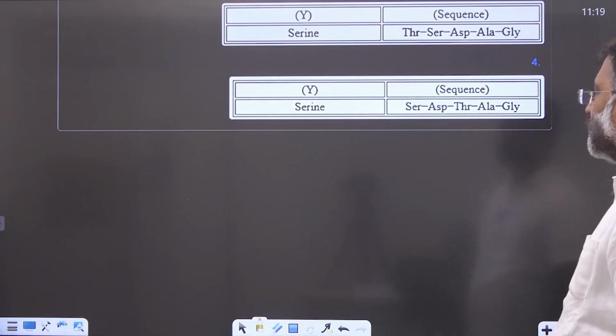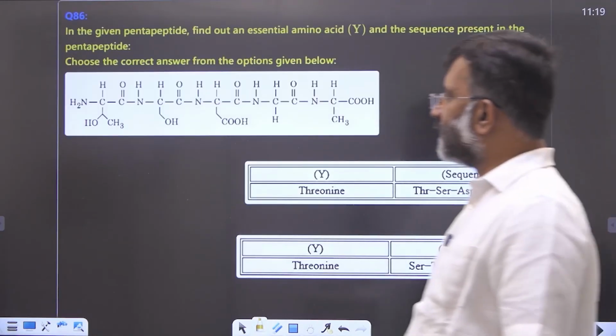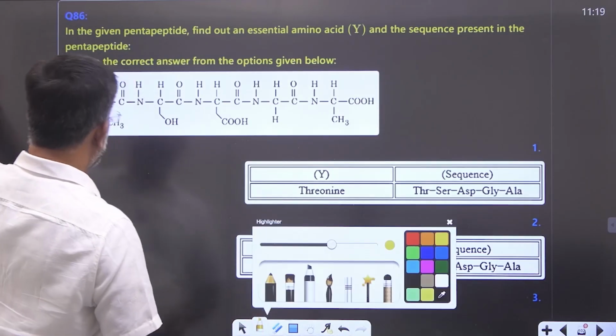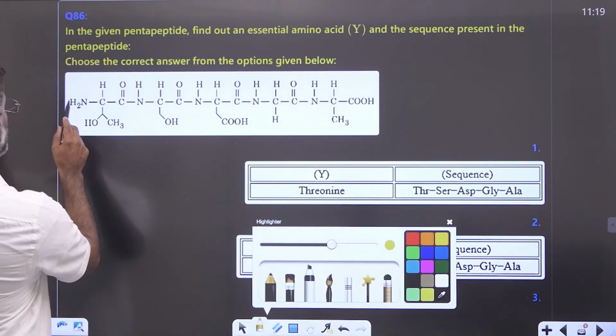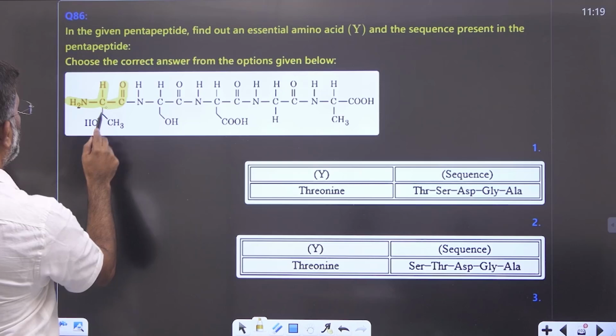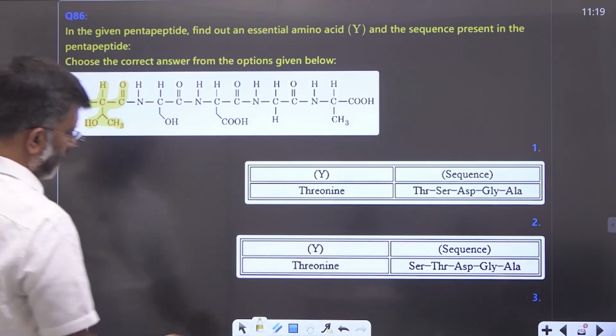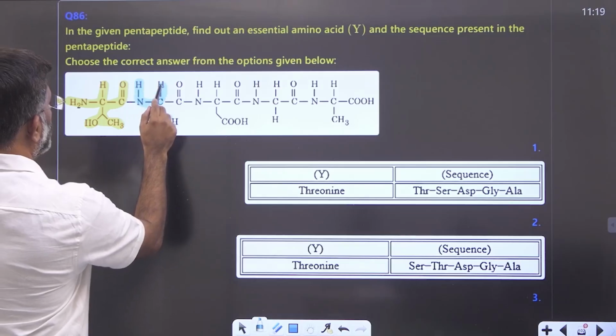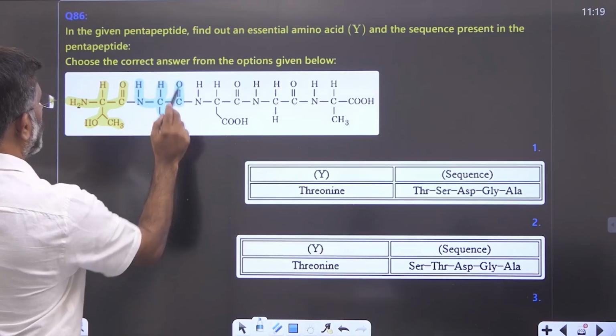Okay. So let us analyze the various amino acids. This is number 1. And this is number 2.